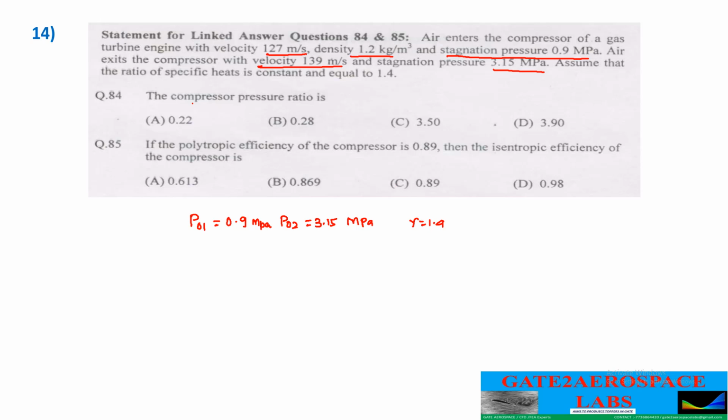The compressor pressure ratio is simple. If we want to determine P02 by P01, this will be equal to 3.15 divided by 0.9. If you find this ratio, it will be equal to 3.5.